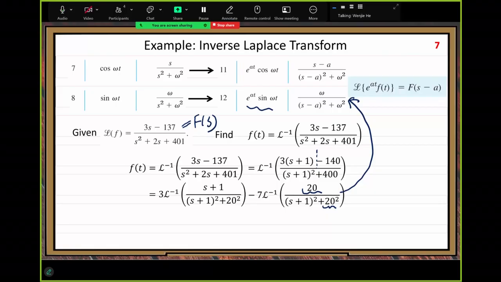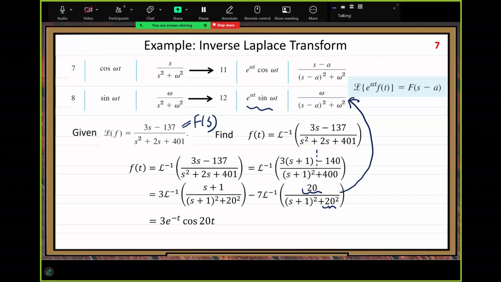The last step, the first term. This time a equals -1, because of the plus 1. That tells us minus a, minus -1, so negative. So e to the -1 times t, cosine omega t.